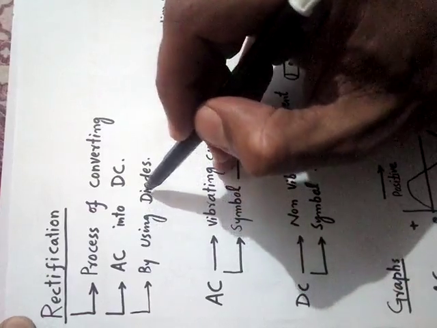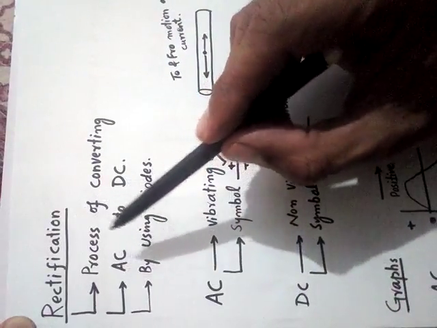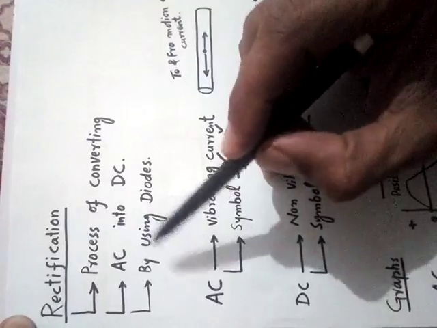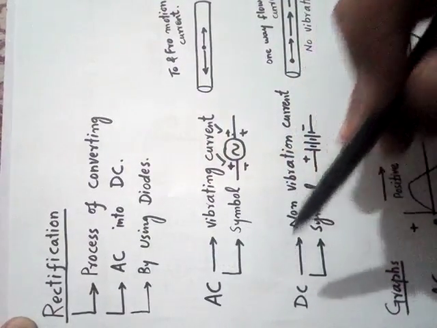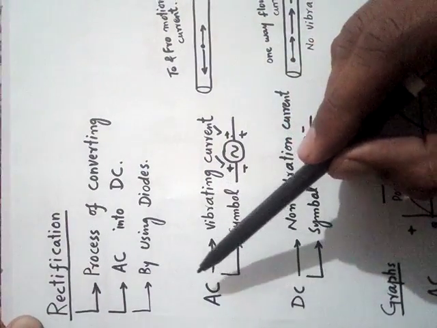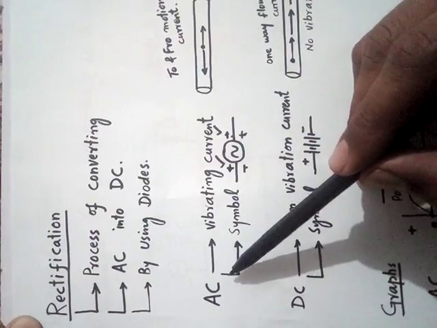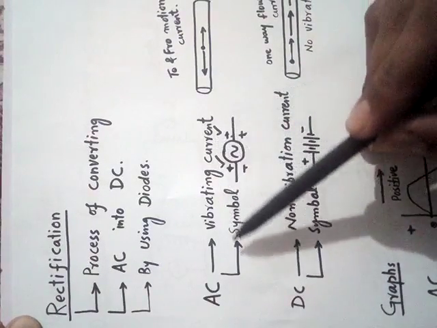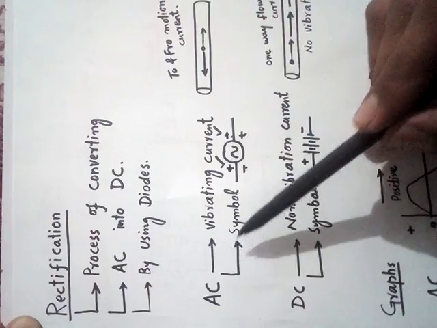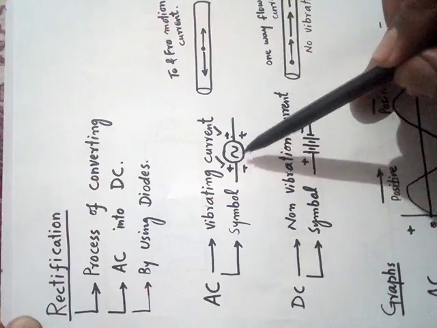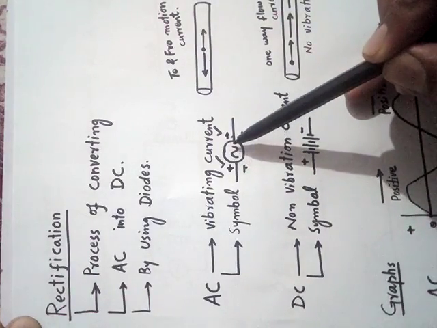by using diodes. This is rectification, and we discussed the difference between AC and DC. We know that alternating current is called vibrating current, and the symbol of AC is this one, the circle with a waveform in it.